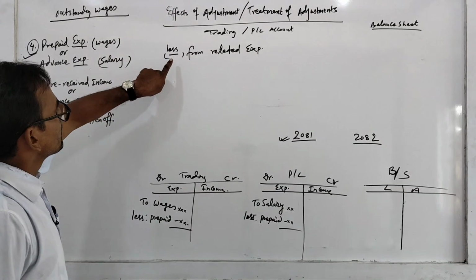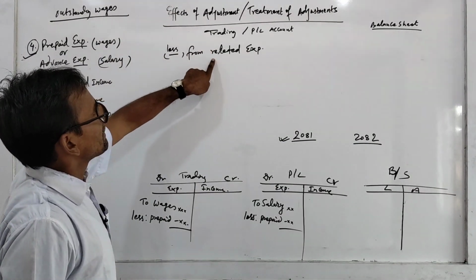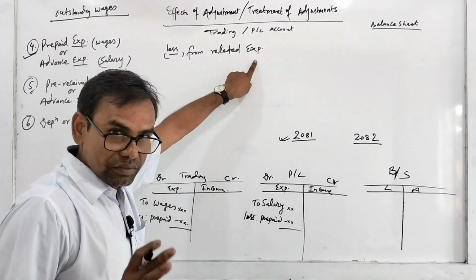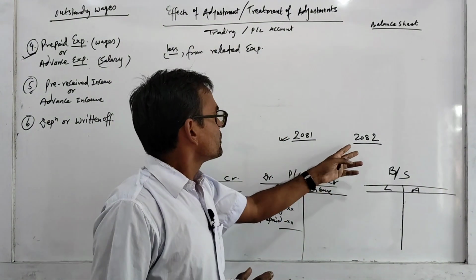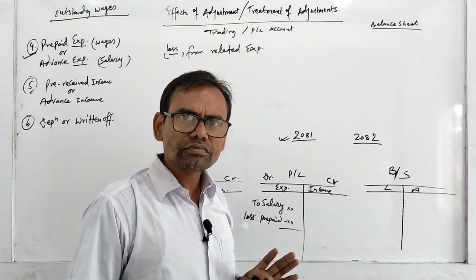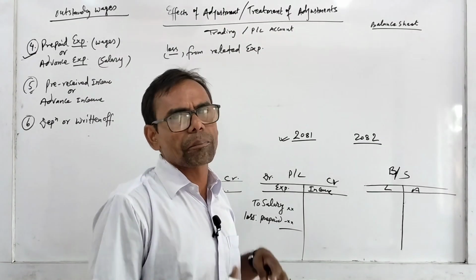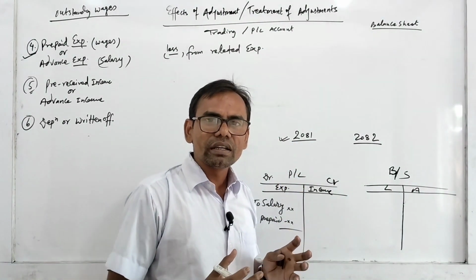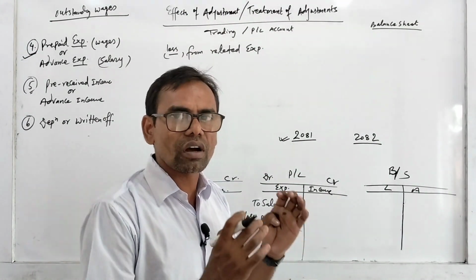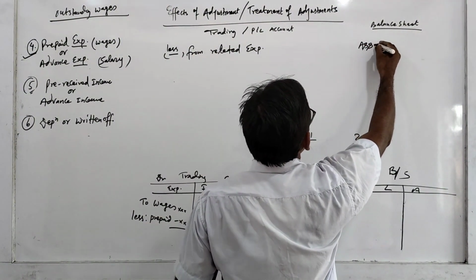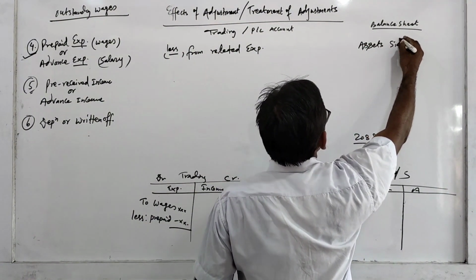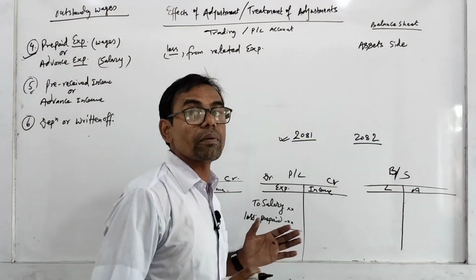Therefore I have written less from related expenditure, and because it is expenditure of 2082, but paid in 2081, it is assets for us, and therefore you have to record in asset side.